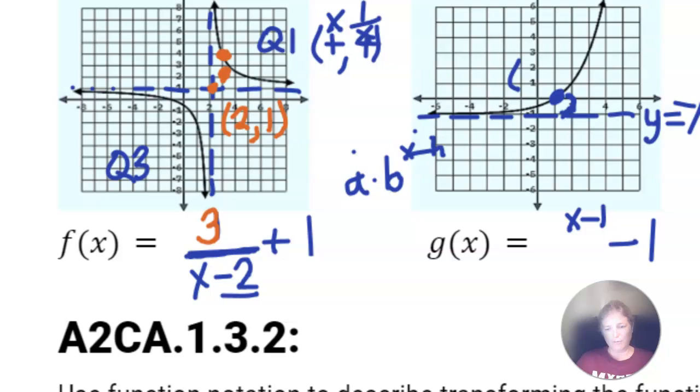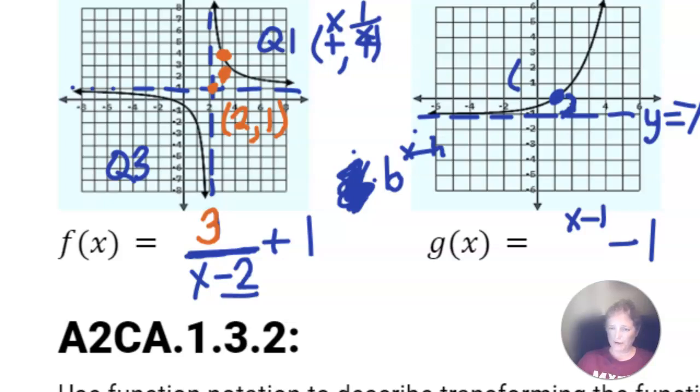Now, I need to know what my base is. I assured you during class that there was no a here. There was no stretch. And we can see that there is no reflection because it is growing exponentially in an increasing manner, so it's not been reflected either. So our a is 1.